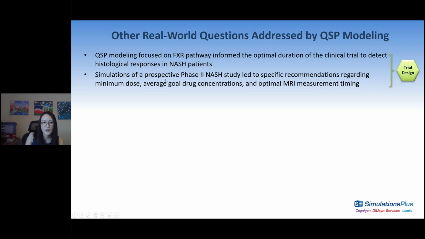And in another case, DILIsym was used to simulate a prospective phase 2 clinical protocol, which led to specific recommendations regarding the minimum dose, the target drug concentration, and the optimal measurement timing for the liver fat analysis.